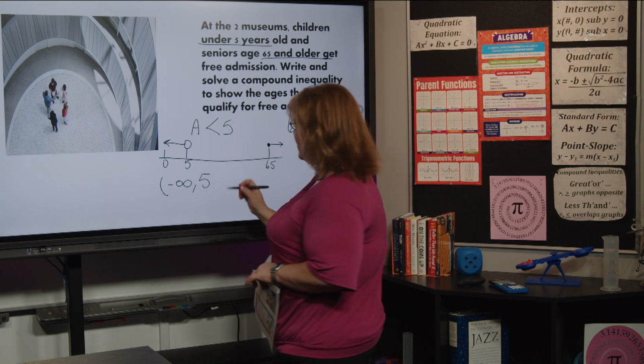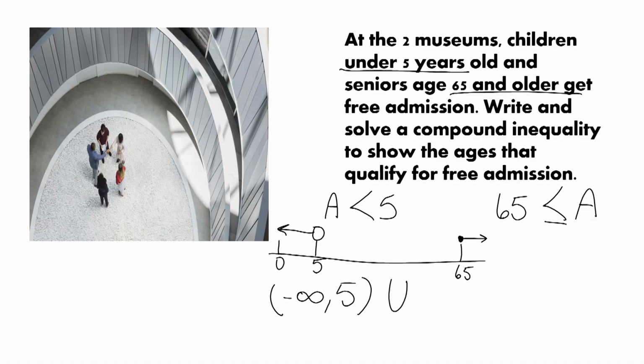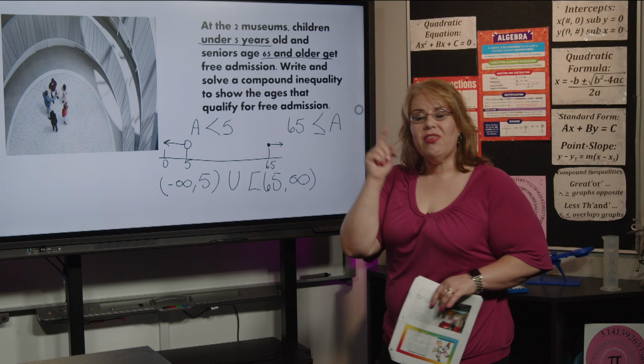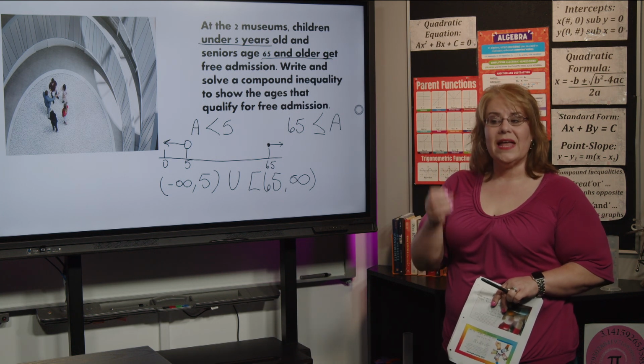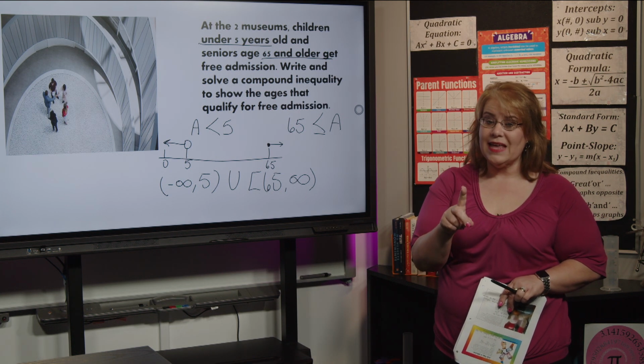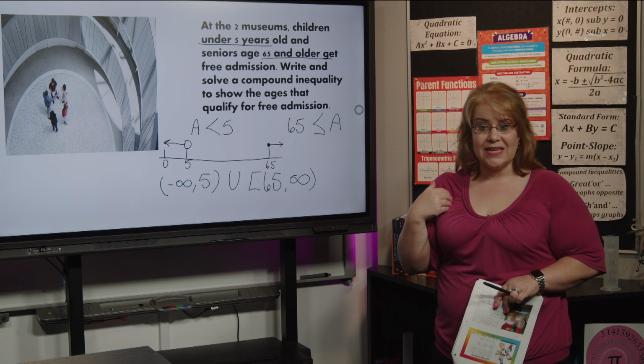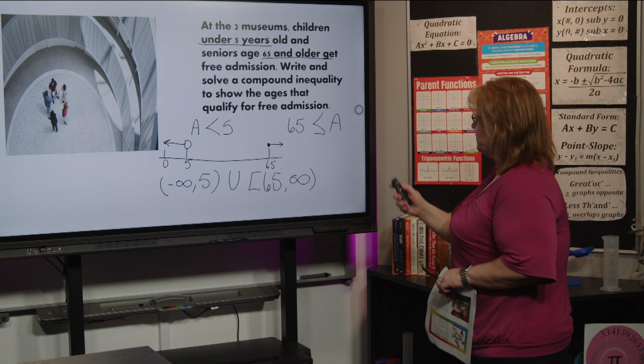I'm going to have a parenthesis, or bracket for the 65 to positive infinity. That was a good catch. You've got to make sure that we're reading these passages and understanding exactly what they're saying, not what we think they're saying. That was a good catch, guys.